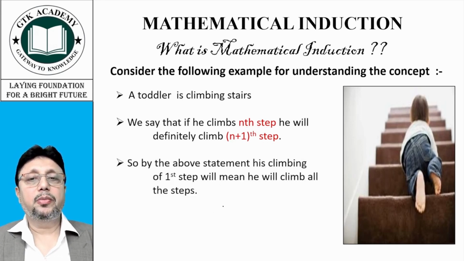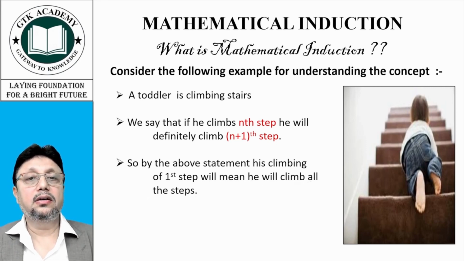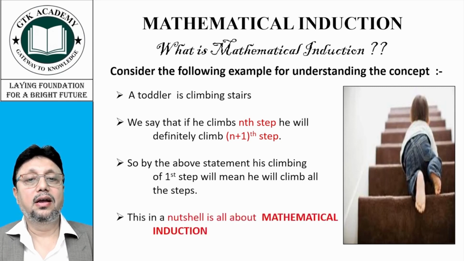So by the above statement, his climbing of the first step will mean that he will climb all the steps. I think this is clear. So this in a nutshell is all about mathematical induction.